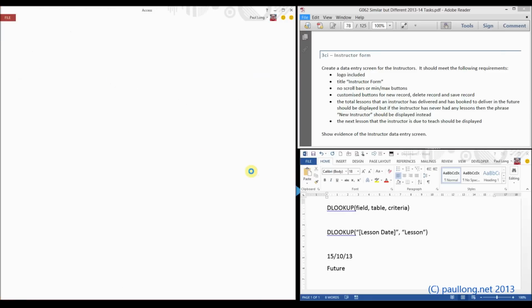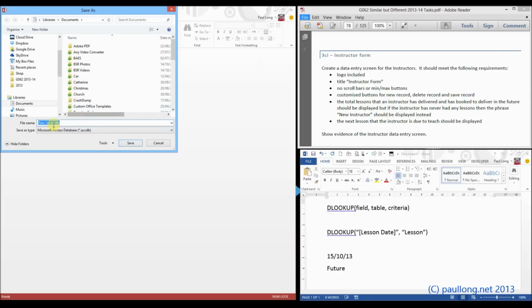It says I've got to be all closed, that's fine, it will close them for me. And I'm going to put that this is 4C. This means that I can go back to my database at various stages as we go along, and get to where I was before, so if I make a mistake that messes all my data up, I can just go back.